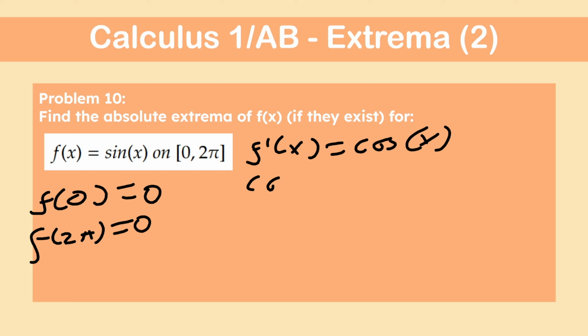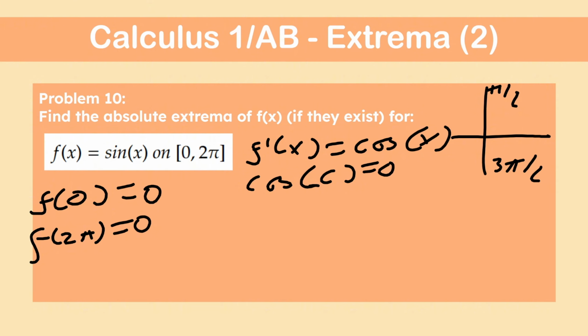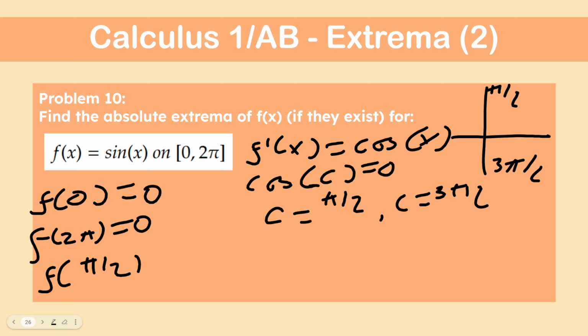So now we have cosine x. We have to find when cosine of c is equal to 0. So cosine of x is equal to 0 at pi over 2 and at 3 pi over 2. So this means that c occurs at pi over 2 and at 3 pi over 2. So now let's plug in the values, pi over 2 first.